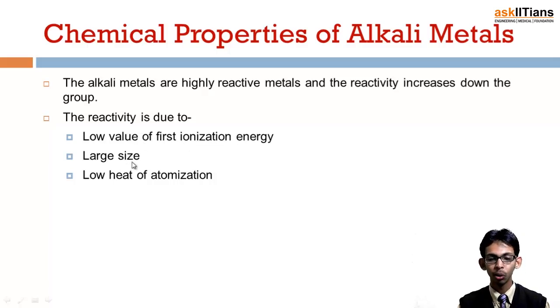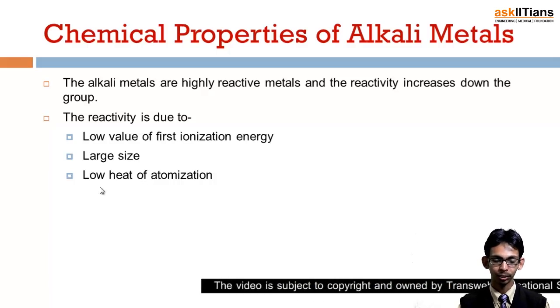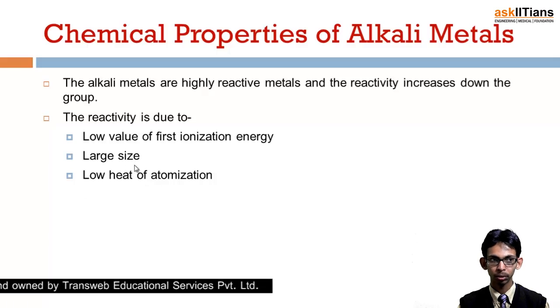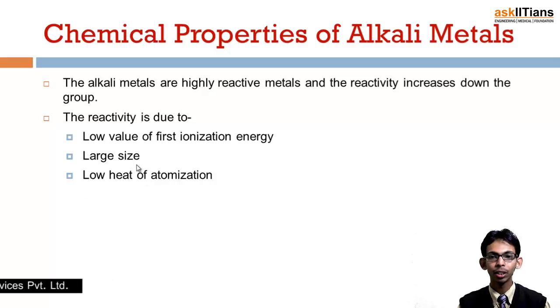The next one is low heat of atomization. And what is heat of atomization? It is the amount of energy required to break down the bonds of a molecule to make free atoms. Let's take the example of nitrogen. We have N2.